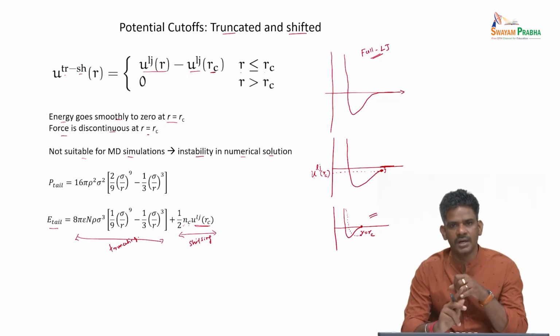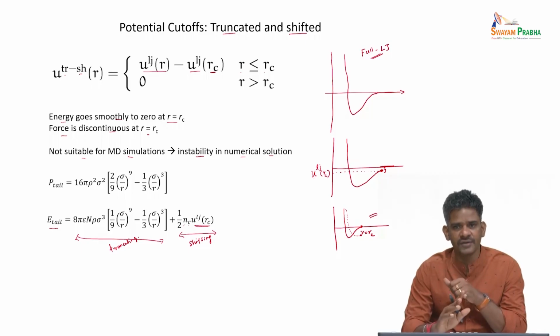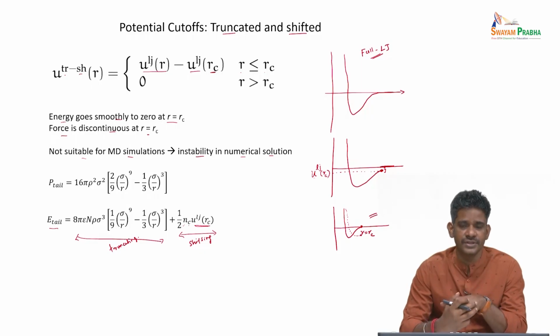So, we have seen two possibilities. One is simply truncating it, where both energy and force are discontinuous, and energy correction can be added via long range correction. However, the force discontinuity might cause numerical instability in the algorithm. And the next possible approach is to truncate and shift.